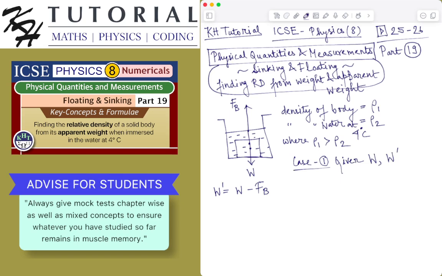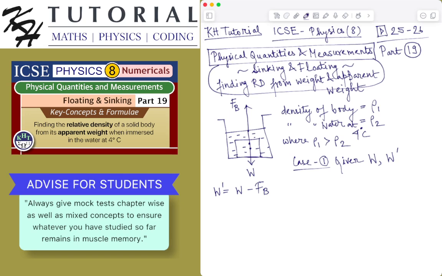Since it is denser than water at 4 degrees centigrade, it will be completely immersed, it will sink, and inside the water the apparent weight W dash is given. So W and W dash are given, and we have to find the relative density of the body. Basically, we have to find rho1. How do we find rho1?